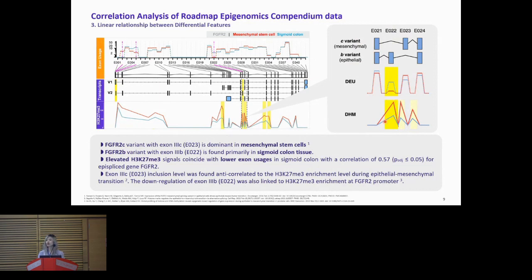That is really interesting because we also found an experimental result that validates this finding, which was just published, I think 2 years ago, that says they've also found an anti-correlation between this histone mark and the inclusion level of the exons in mesenchymal cells. And the histone mark that we found to be significant here is also linked to the deregulation of the other exon in the B variant.